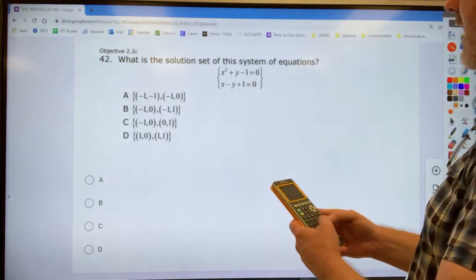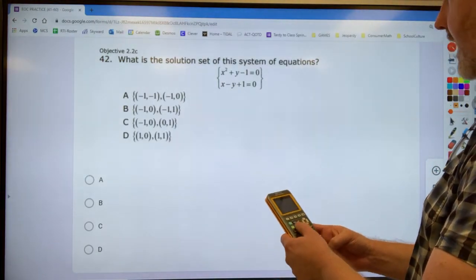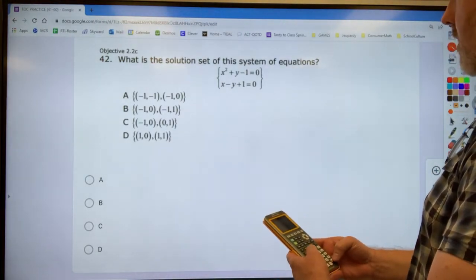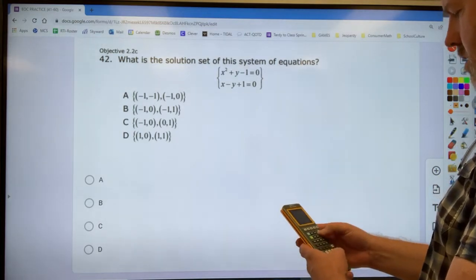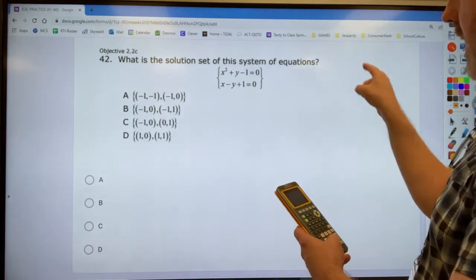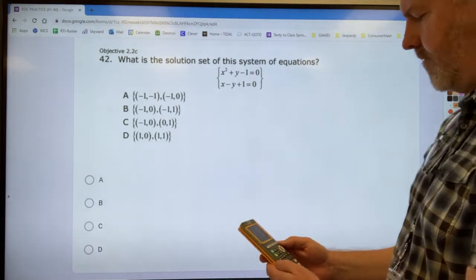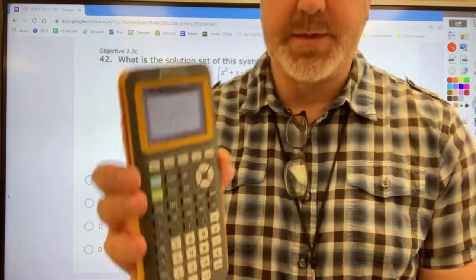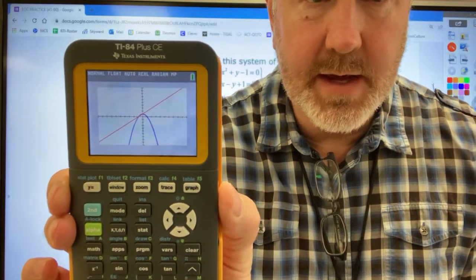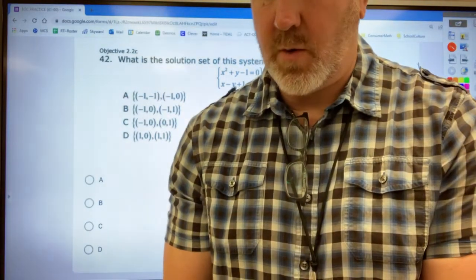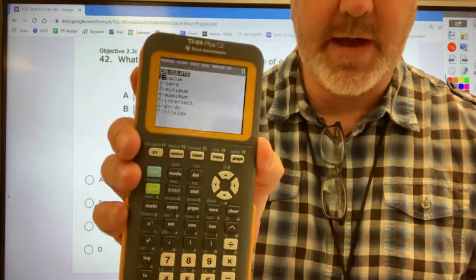So y equals negative x squared plus 1 and y equals x plus 1. One of them is an upside down parabola, and one of them is the line. So we're going to use second trace or the calc menu.